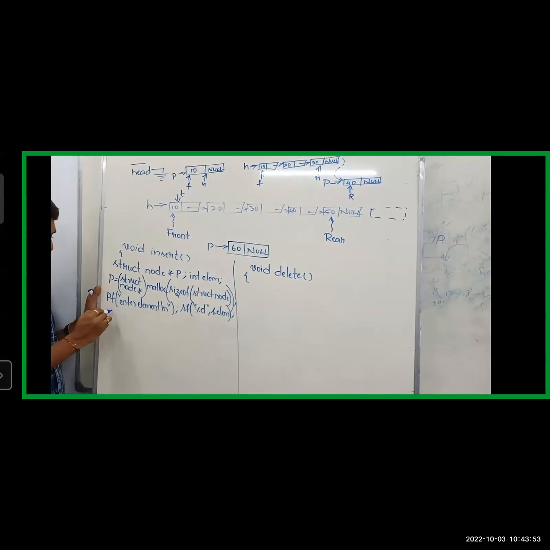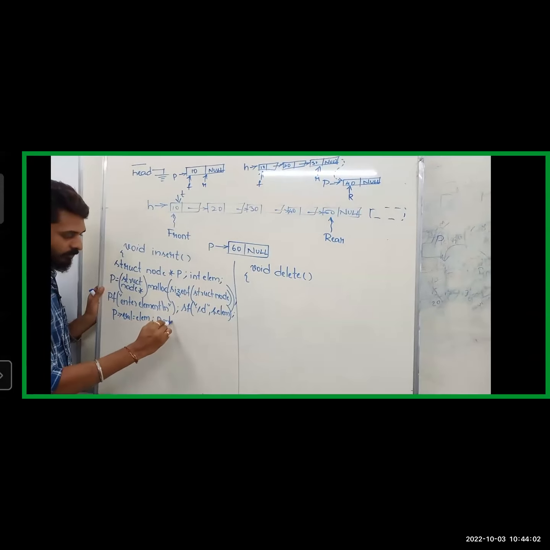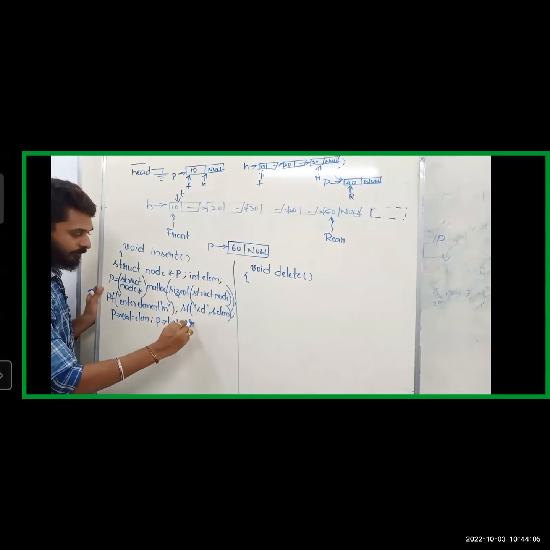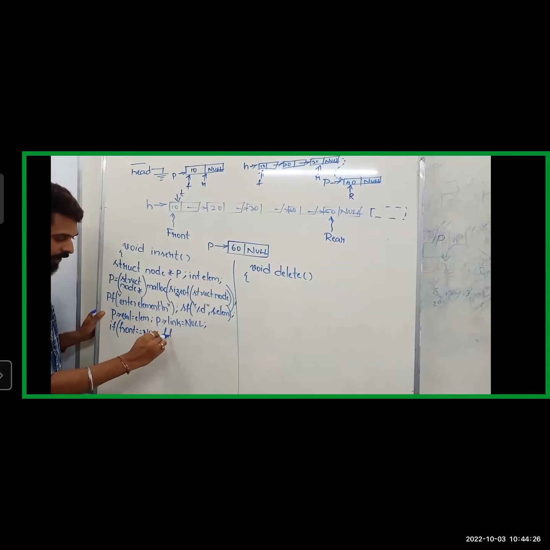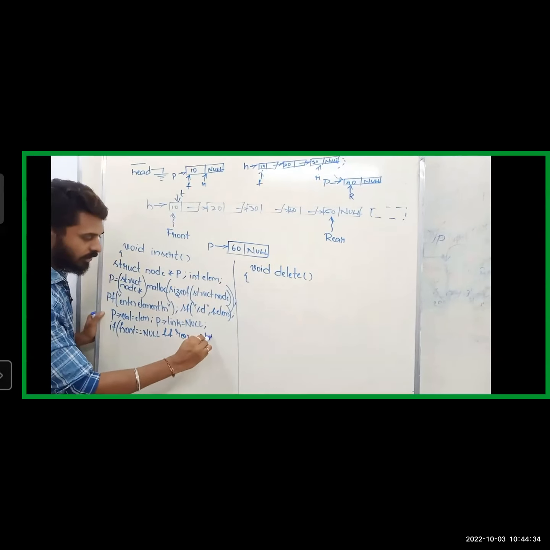After doing this much, P's value should be placed with the element, P's link should be placed with NULL. Then, if front equals NULL and rear equals NULL, what does it mean?